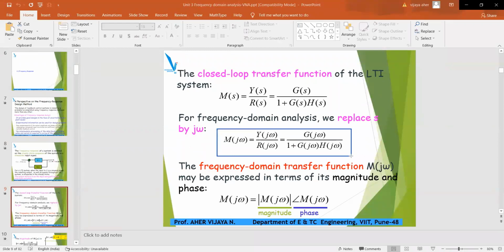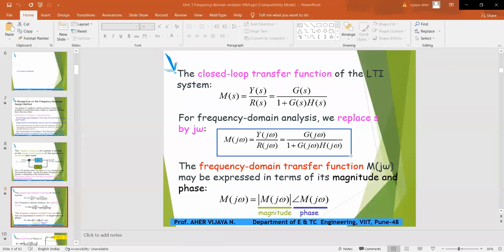This is the transfer function of closed loop control system in frequency domain analysis. Student, you are supposed to write this equation. This equation is very important. Now we are going to calculate magnitude and phase of this.